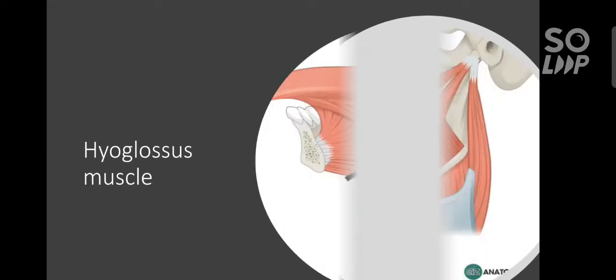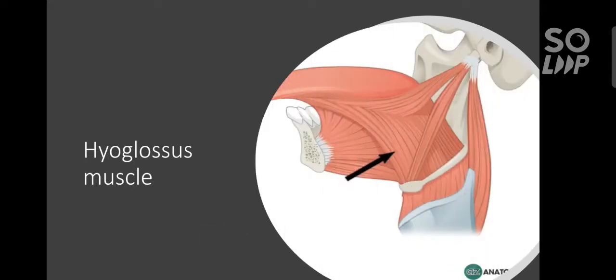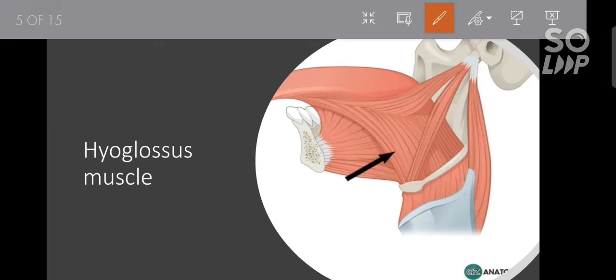Let's talk about our first extrinsic tongue muscle, which is Hyoglossus muscle. As you see in this shape, the origin of it is from the hyoid bone. They are inserted into the tongue.